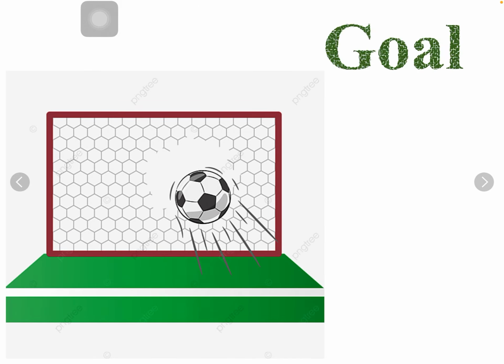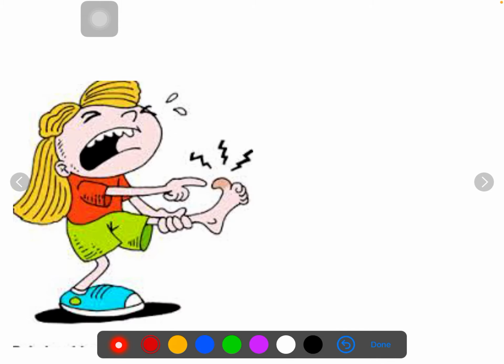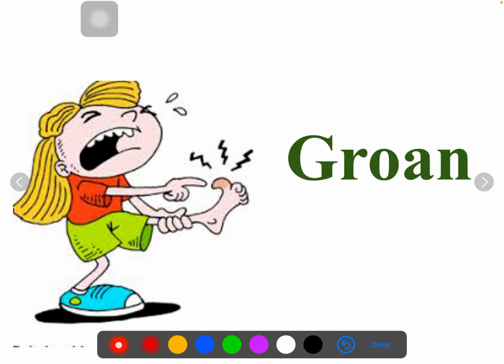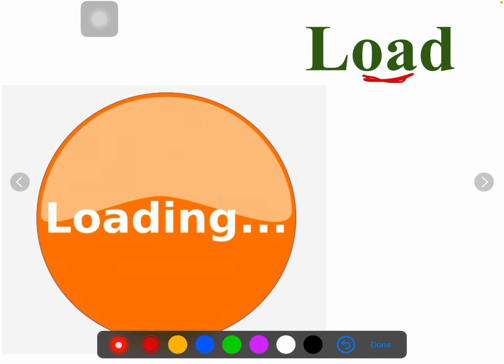And this is a goal. Goal. OA, pronounce it as long O. To harm yourself and to shout of this, groan. Groan. OA. Load. When you upload a video or something.